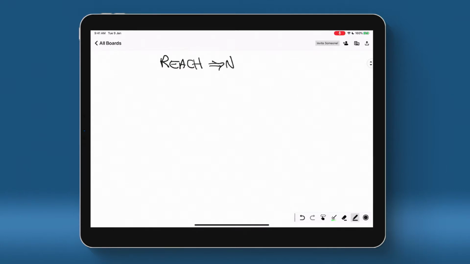Reach is the number of people an ad is shown to. So if reach is 1,000, which is available in the reports, then what you are seeing is that 1,000 people saw your ad.